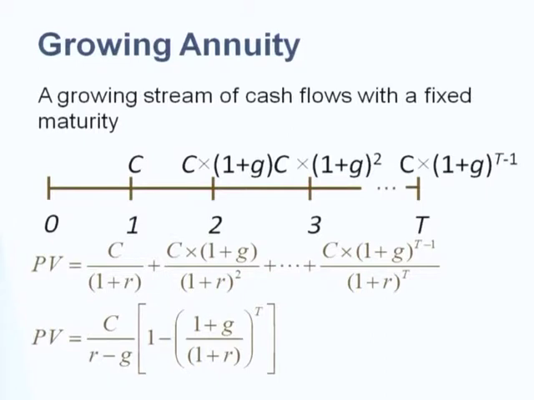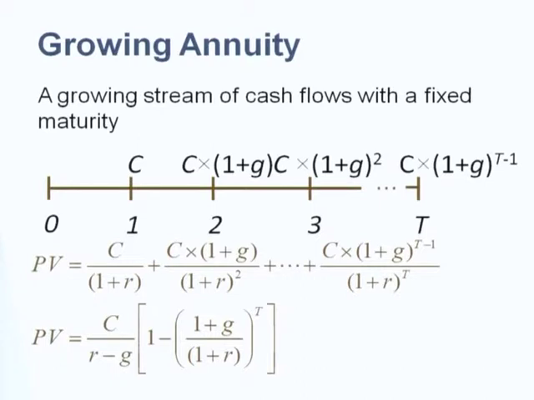At the end of time 1, you discount C by R, your interest rate or discount rate, to time 0, and you get C divided by 1 plus R. At the end of time 2, you take C that grew at G%, so C multiplied by 1 plus G divided by 1 plus R to the power of 2. Just like PV equals FV divided by 1 plus I to the power of N.